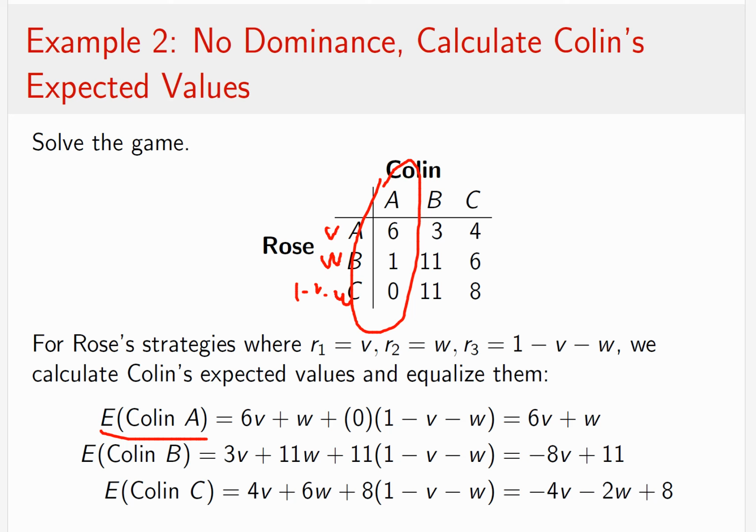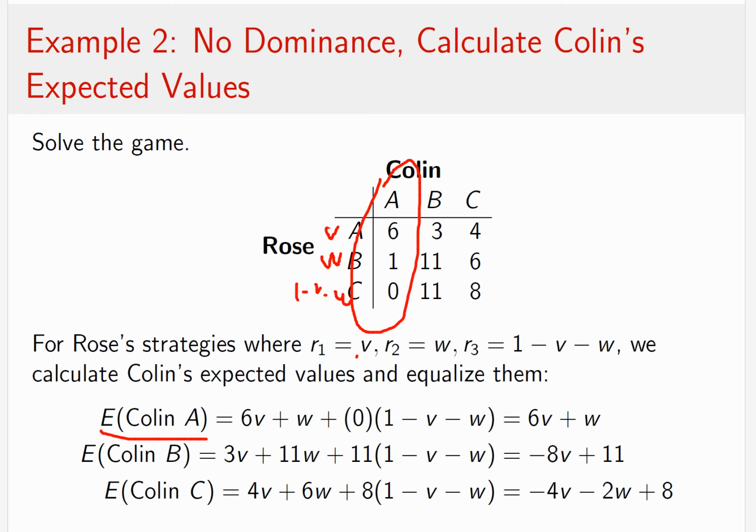Sorry, I'm running out of room. But why 1 minus v minus w? Well, the percentages of time she plays her strategies have to add up to 100%. So the third one, if I know the first two, I can solve the third one. I just subtract their sum from 100%, and that's the percentage of time that Rose will play strategy C.